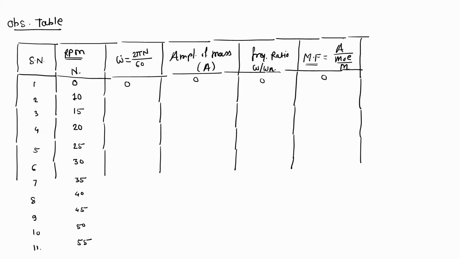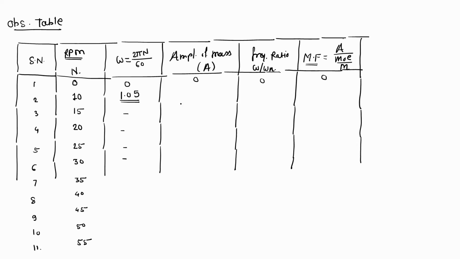So this value omega is required when we plot the graph of amplitude versus frequency or magnification factor versus frequency ratio. So here omega for 10 RPM, it is 1.05. You find out remaining all the values.